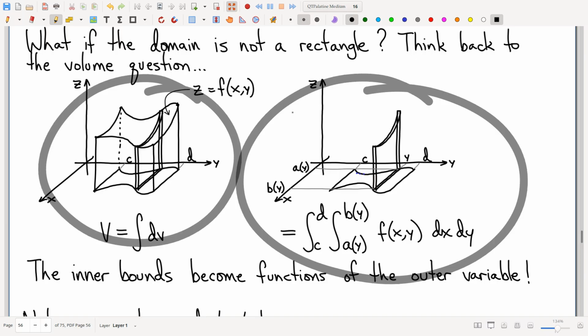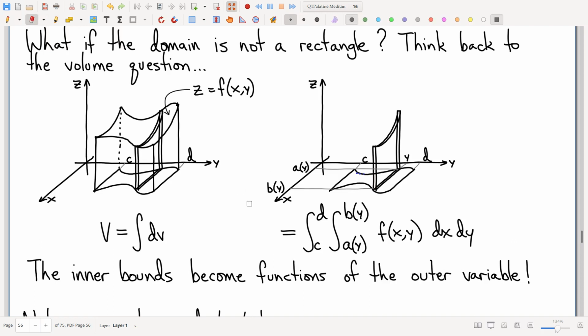What part of this picture did I really need to conclude what I algebraically want to get written down? And the answer is, I only need to look at the domain. Everything that I need to know about this is just in the domain itself.